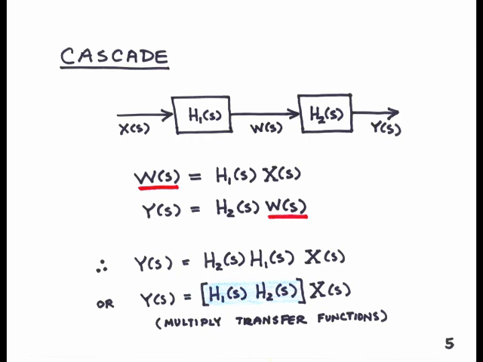We can then substitute the first equation into the second to eliminate w of s, and we find y of s is equal to h2 of s times h1 of s times x of s. Or, combining the transfer functions together, y of s is equal to h1 of s, h2 of s times x of s. That is, the overall transfer function of the cascade interconnection is h1 of s times h2 of s.